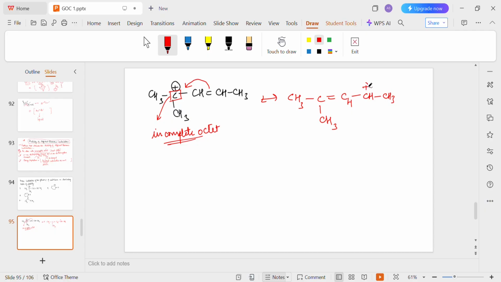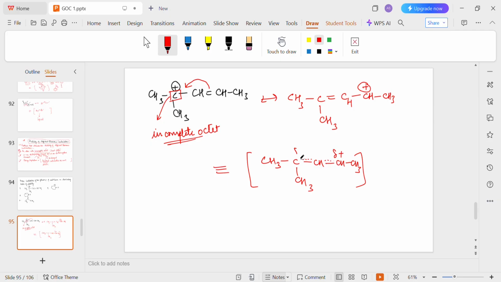This is a contributor of this structure. Both these are contributors of the hybrid, which is CH3 single bond C, CH3 single bond CH, single bond CH, single bond CH3. This is the basic skeleton. Pi electron density here and pi electron density here, partial positive here and partial positive here.